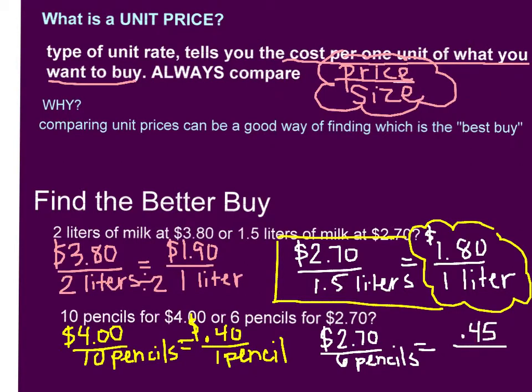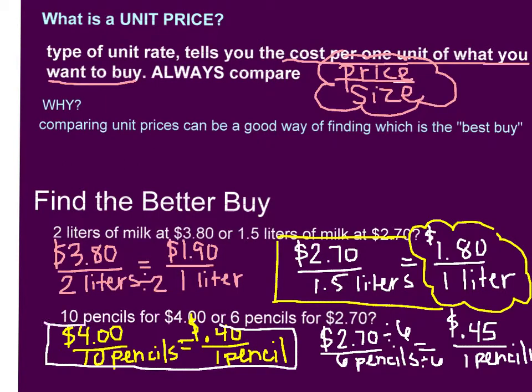So 45 cents is what we get when we divide away 6. And now when you compare those two, which one's the better buy? Which one's the lower price? It would be purchasing 10 pencils for $4, since 40 cents is smaller than 45 cents.